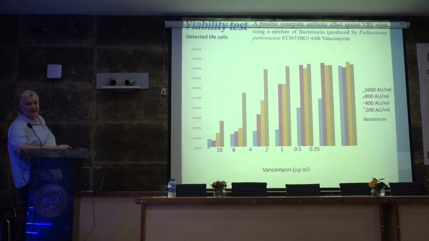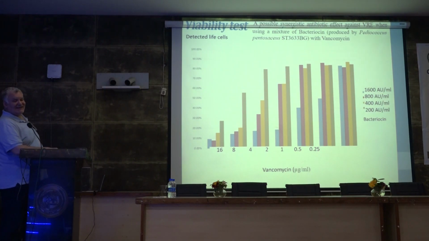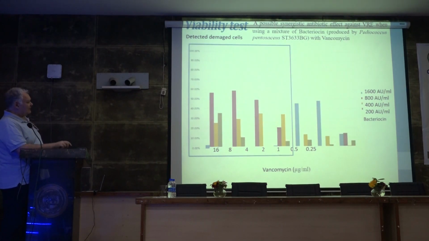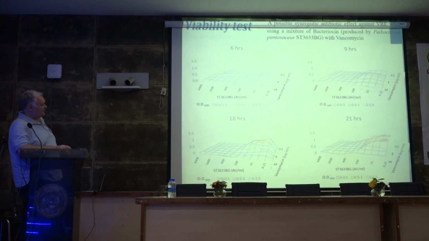But with the flow cytometry method, you have the marker for vanA and the marker for vanB, so you make the probe, they catch these genes, and with flow cytometry you can analyze. In this case, our strain, Pediococcus pentosaceus, a bacteriocin producer, was able to inhibit vancomycin resistance and kill it. With a very small amount, we were able to perform this work.